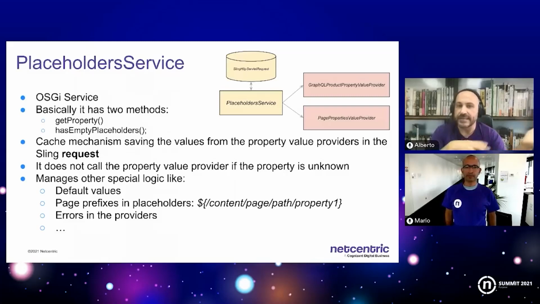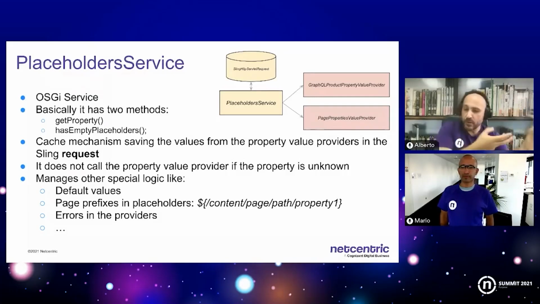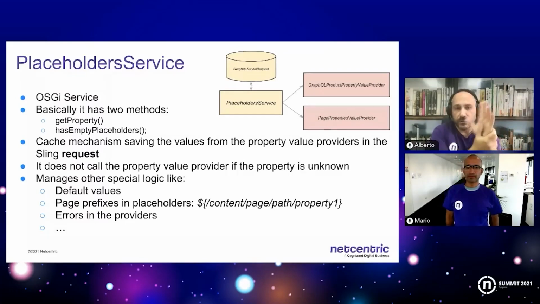This cache mechanism is that we store the property values provided in the Slim request. So every time we request the properties from a property value provider, we store those attributes in a request attribute.